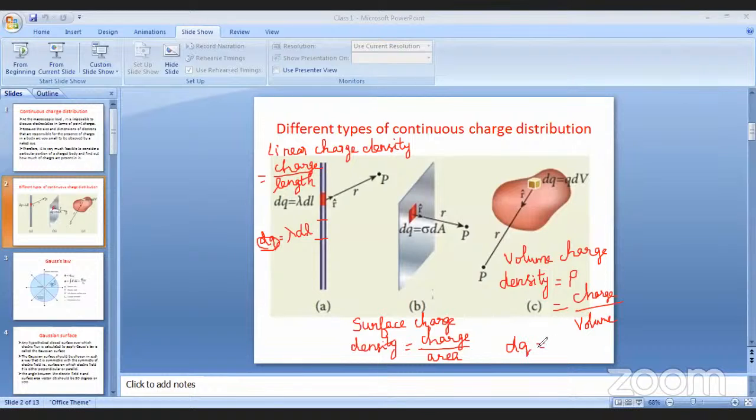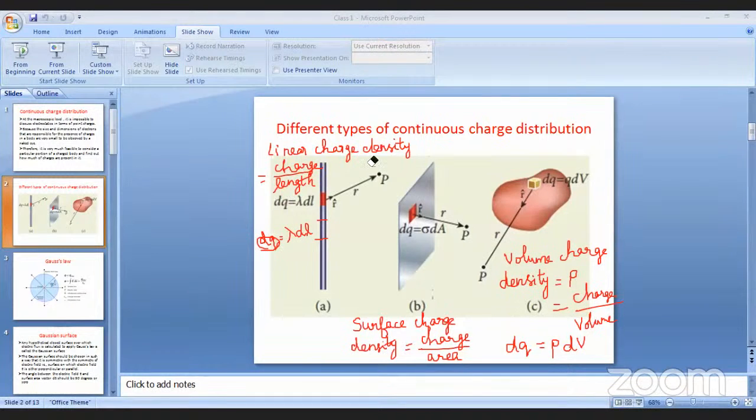So in dV amount of volume, you will have this much charge, rho into dV. So volume charge density rho equals charge by volume. Like this, you can understand the different types of continuous charge distribution.